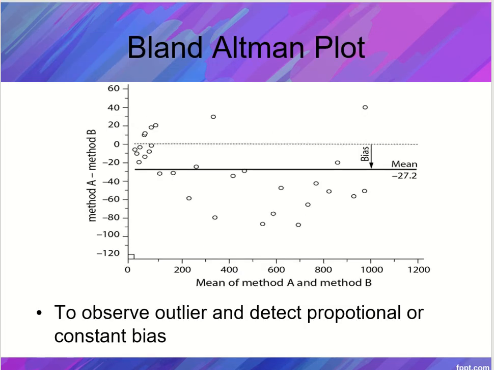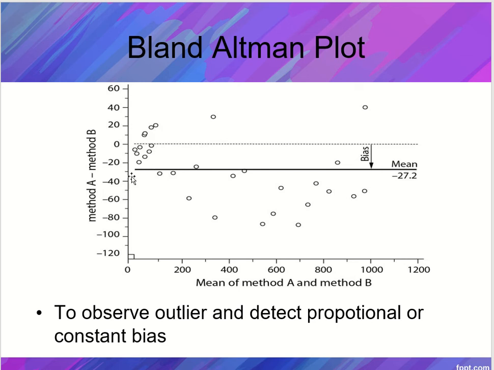Okay, another graph, the Bland-Altman plot. The Bland-Altman plot is used to observe outliers and detect proportional or constant bias. If you see here the Bland-Altman plot, the y-axis is the difference between the test method and the available method or reference method, and the x-axis is the mean of the test method and the available method or reference method.